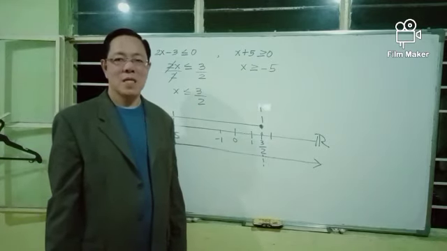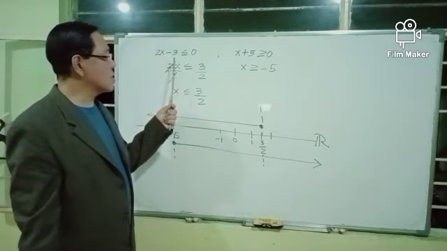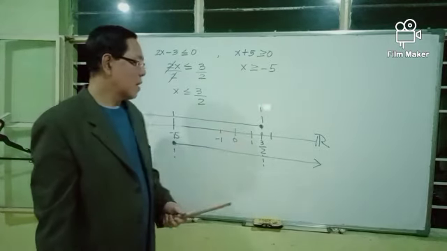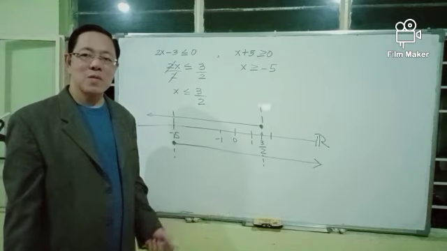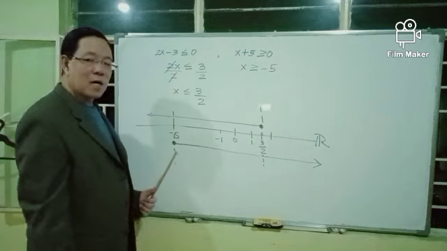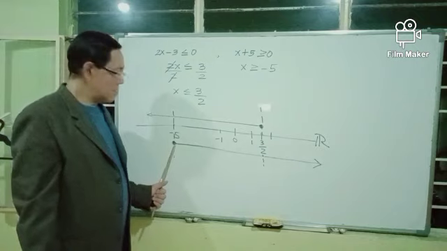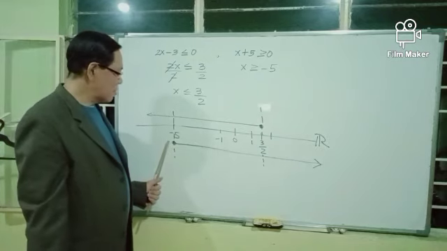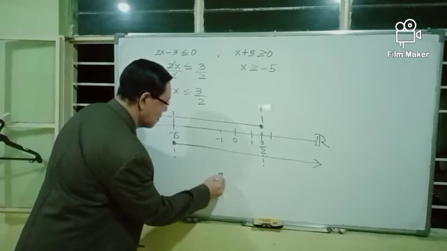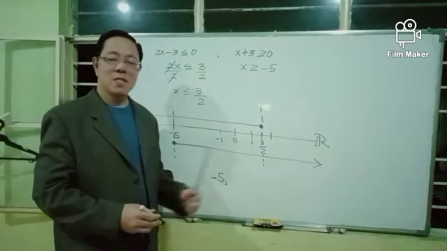solution of case 1, where the first factor 2x minus 3 is negative and the other factor x plus 5 is positive or 0. So we write the solution of case 1 using interval notation. And when we write the interval notation, we always start from the left end point, which is negative 5, followed by the right end point, which is 3 over 2.